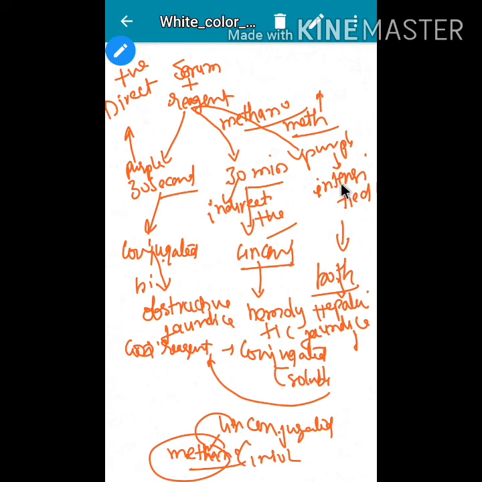And the other, in which the color intensifies after addition of methanol, is biphasic. When we say biphasic positive, it means hepatic jaundice. When the test is indirect positive, it is hemolytic jaundice. When the test is direct positive, it is obstructive jaundice. Okay, this is about Vandenberg reaction.